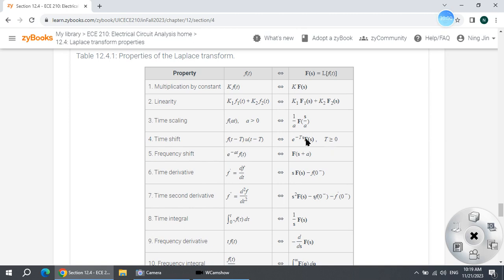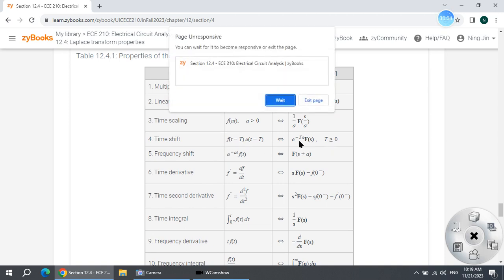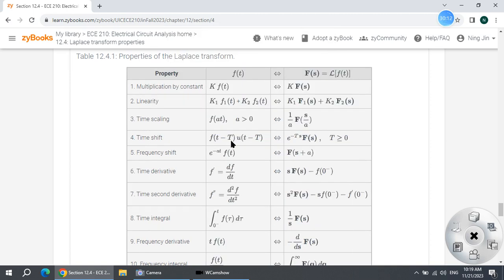So this capital F goes to lowercase f, and times e to negative Ts, you just shift it. Okay, let me copy this. It is f of t minus capital T times u of t minus T, according to e to the negative Ts times F of s. Okay. Now go back to our work.